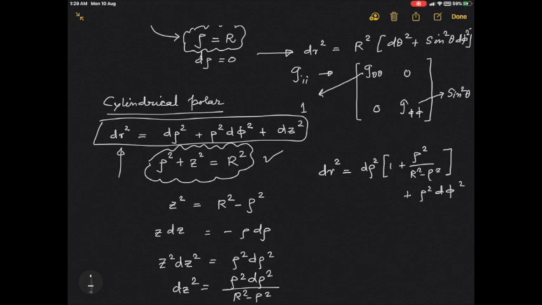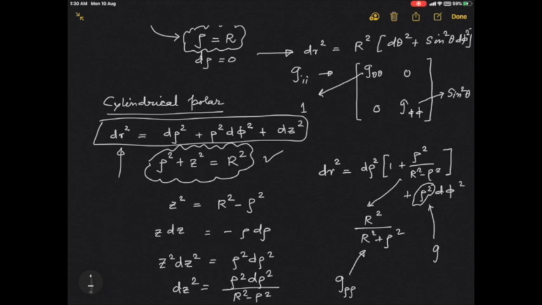I can show that these two are equivalent, but that's all right. This will just become r square by r square minus rho square. And obviously in this cylindrical polar system, this is now my g rho rho component, and rho square is my g phi phi component, and they're more complex than that.